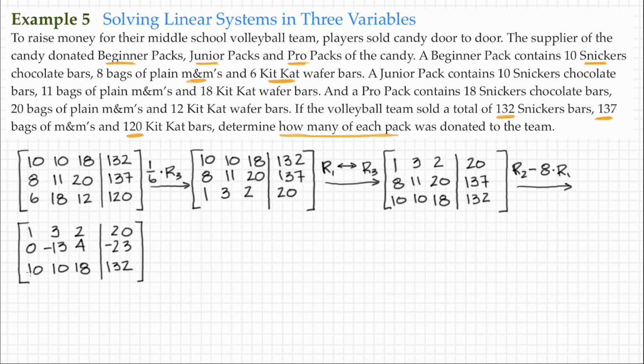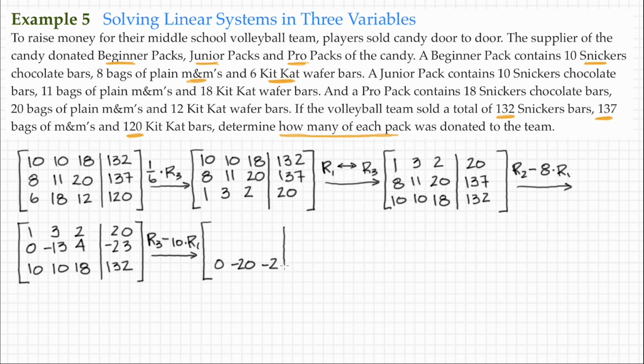Now we'll go to this value here. So we'll take row 3 minus 10 times row 1. 1 times 10 is 10. 10 minus 10, 0. 3 times 10 is 30. 10 minus 30, negative 20. 2 times 10 is 20. 18 minus 20 is negative 2.